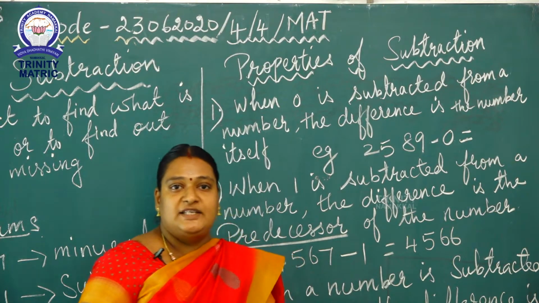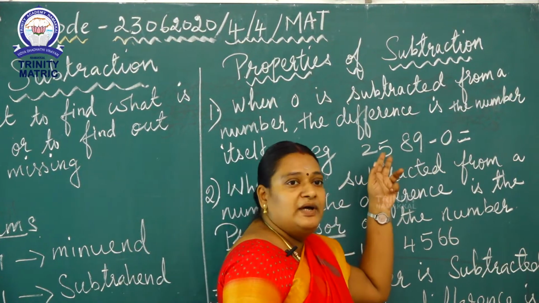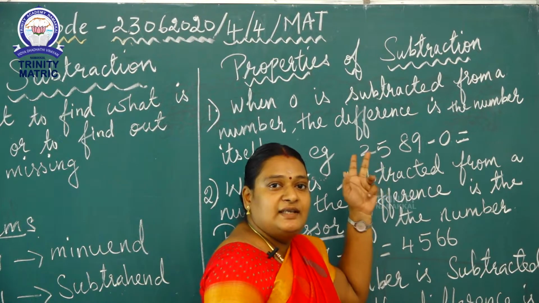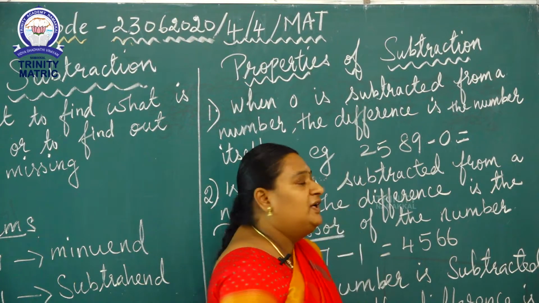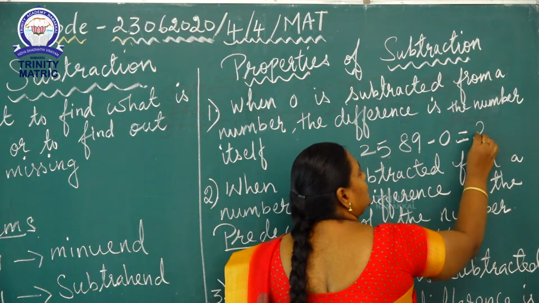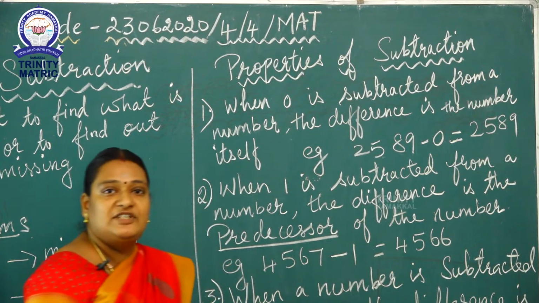The given number itself. So 2589 minus 0 is equal to 2589. Okay, this is the first property.